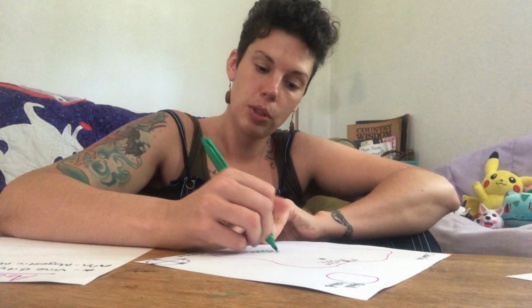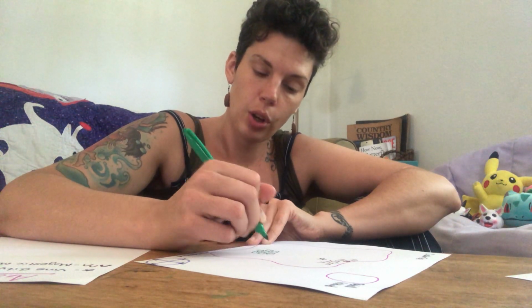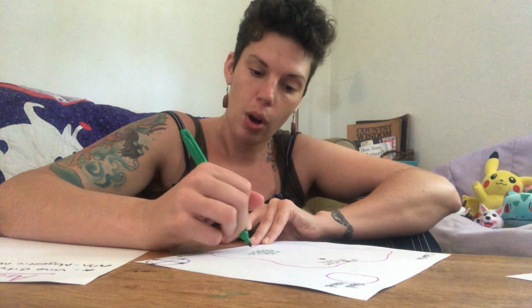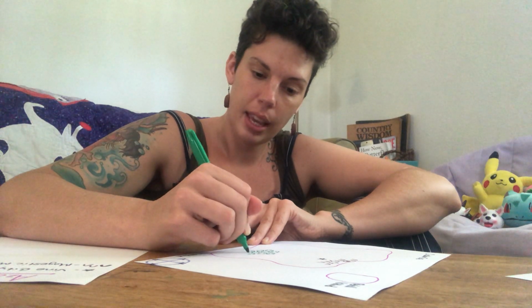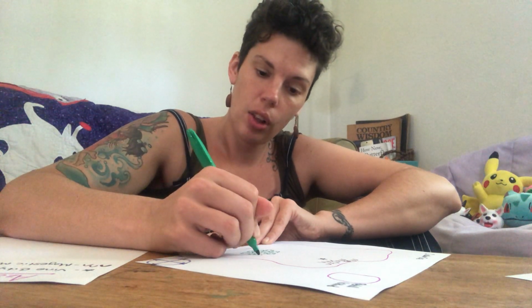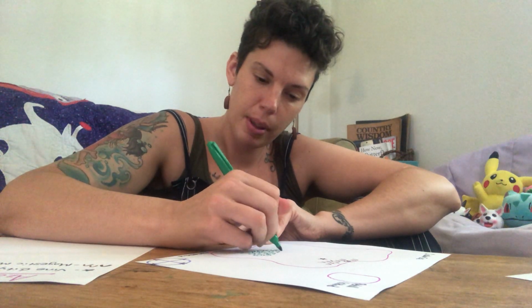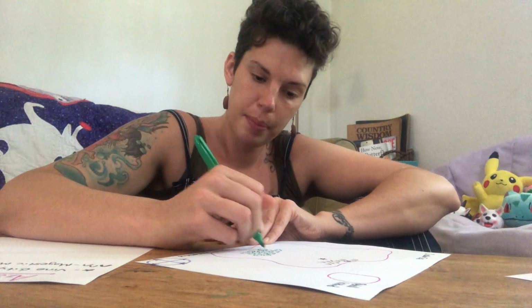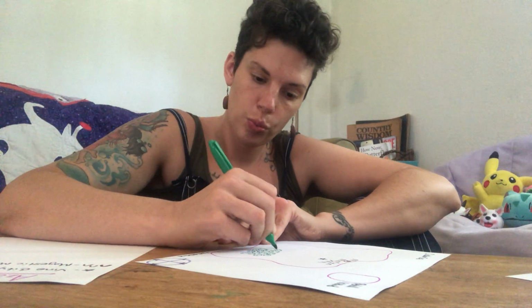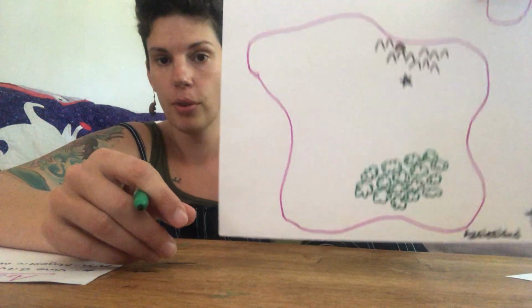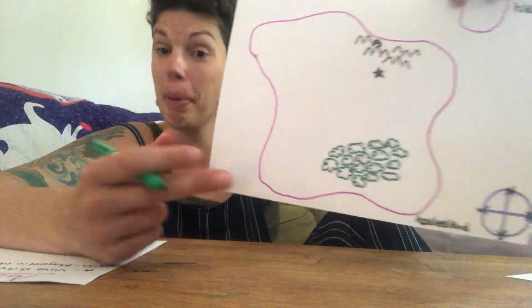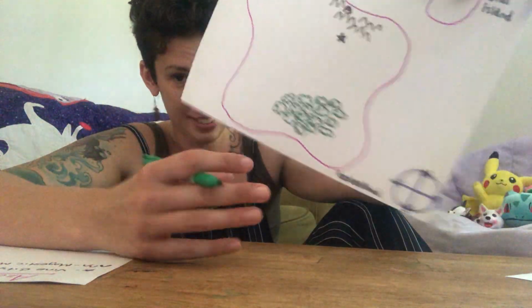Your forest could be towards the middle. Your forest could be towards the coast. That's where the water meets the land. It's all up to you. Okay, I think this is about the size I want my forest to be. There we go. Okay, so there is my forest. It looks kind of silly, but you get the point, right?